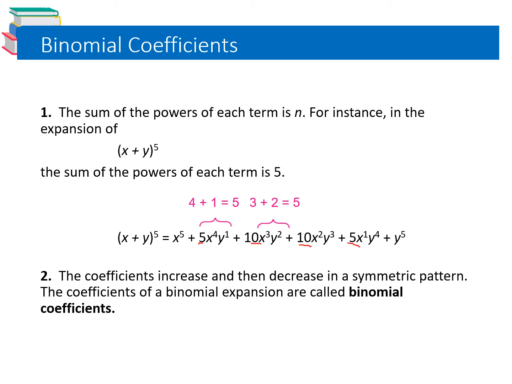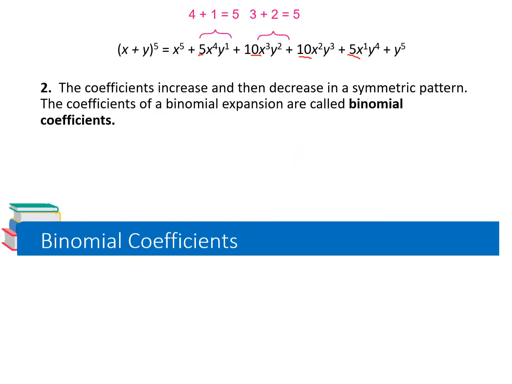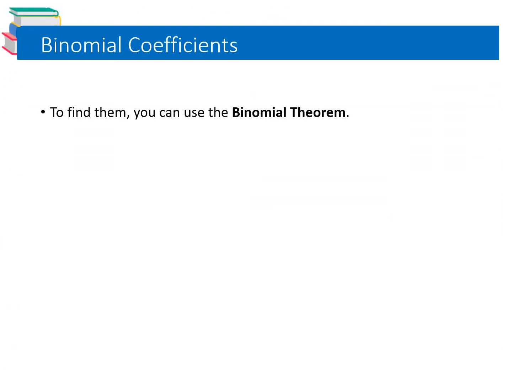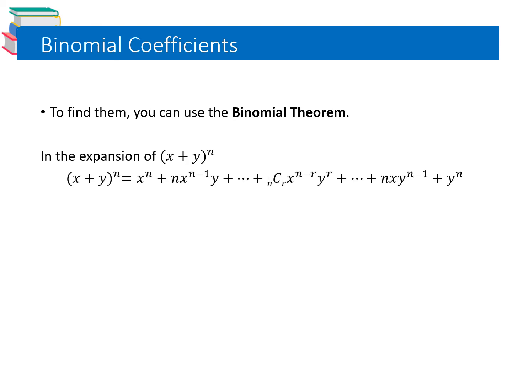So, paano natin isosolve naman yan? So, to find them, you can use the Binomial Theorem. Okay? So, in the expansion of (x + y)^n, ito yun. Mapapansin nyo, ganito yung formula ng Binomial Theorem. Meron kang makikitang values ng coefficients. Okay? Paano isolve yan?